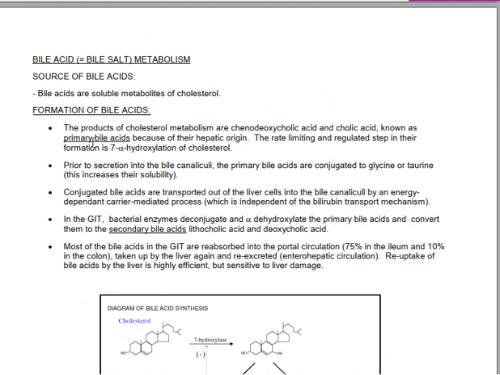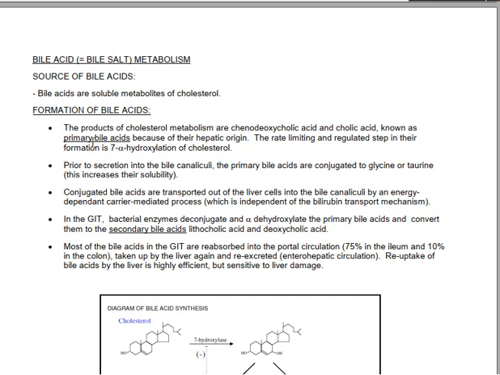We have cheno-deoxycholic and cholic acid, which can be called unconjugated bile acid. For unconjugated bile acid to be released into bile, it is going to become conjugated after the addition of glycine and taurine.